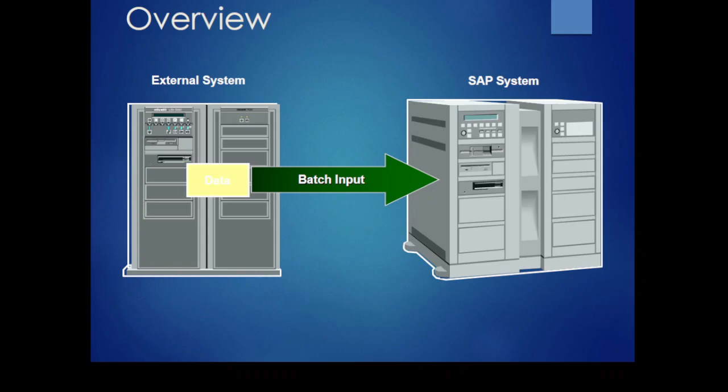For example, if we want to import data of 2000 vendors into our SAP system, we use BDC method or BDC communication. Secondly, interfaces. This type of transfer is an ongoing transfer of data from any non-SAP system to the SAP system.